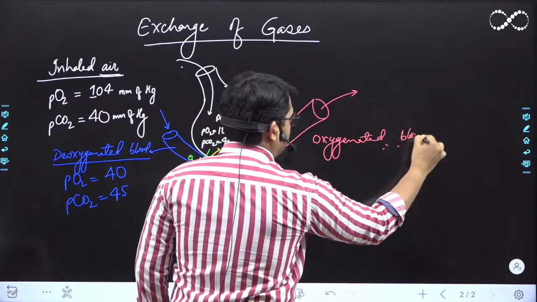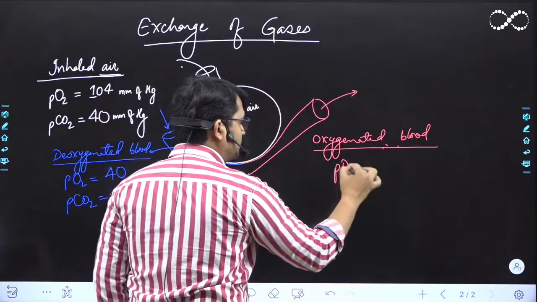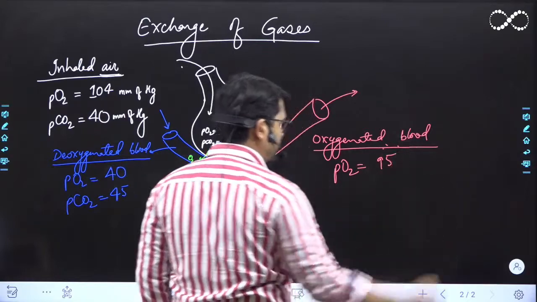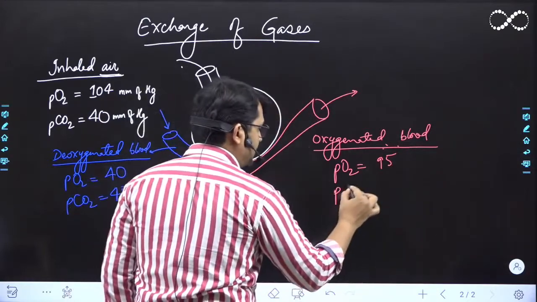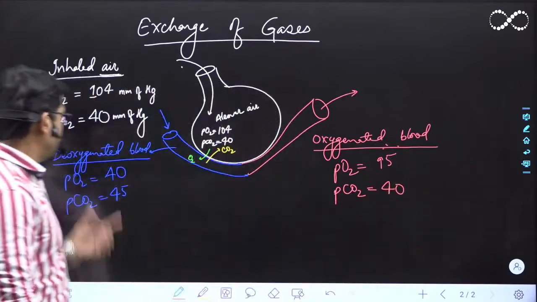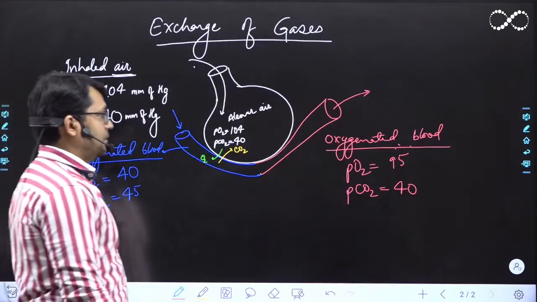This is called oxygenated blood, and the partial pressure of O2 in oxygenated blood is 95, okay? And partial pressure of CO2 is 40. समझ में आ रहा है? तो ये conversion हुआ यहाँ पे because of exchange of gases, okay?